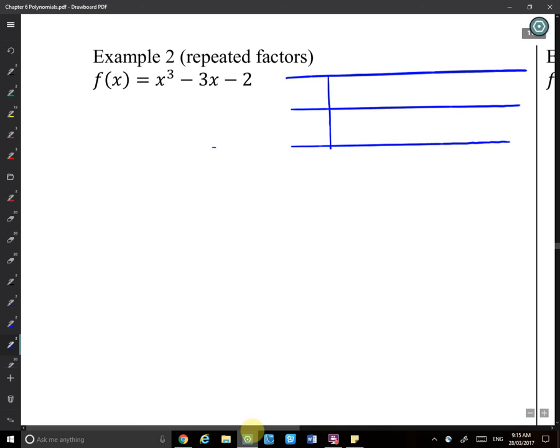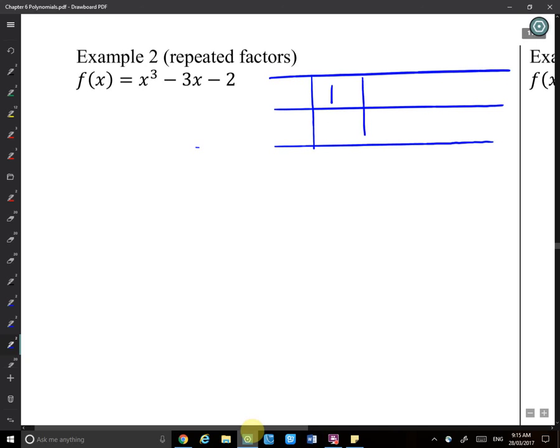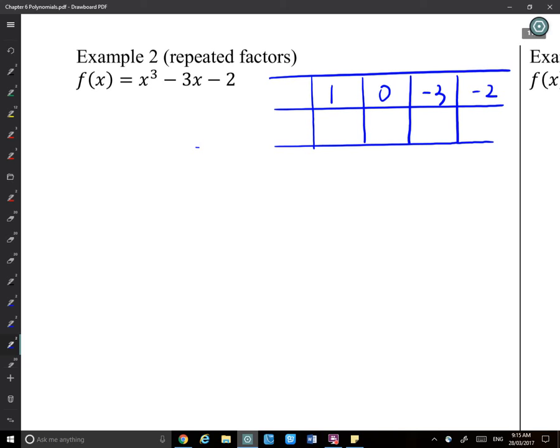For x cubed, I will have 1, but there's no x squared term, so you will have 0. The x term, you have -3, and the constant term, you have -2. Do not forget the 0. For a cubic, you always have 4 numbers on the top, even though I'm missing the x squared or x term. You always have zeros.